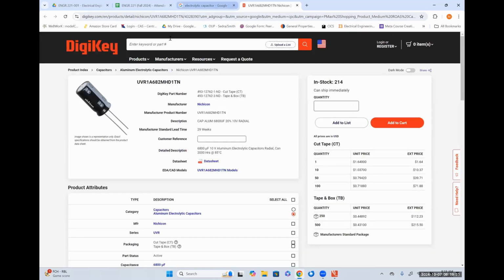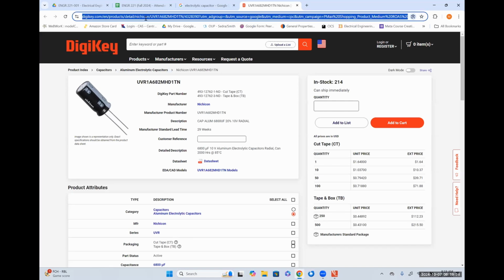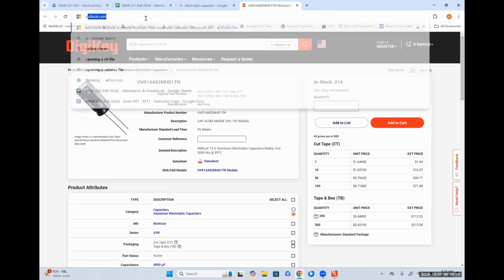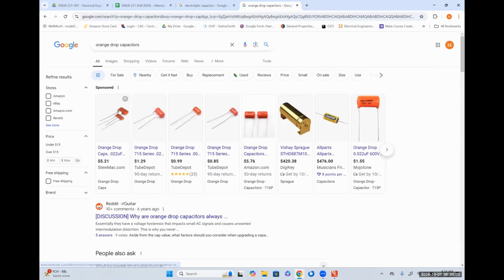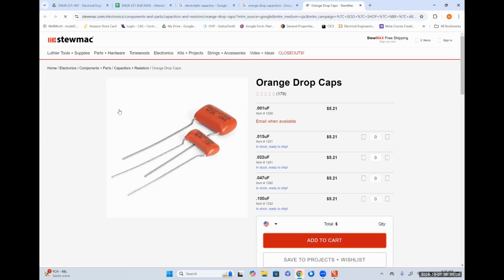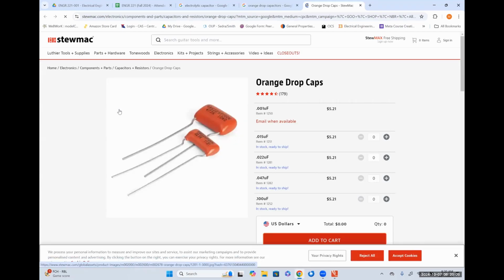In contrast, these are a more generic non-polarized capacitance.